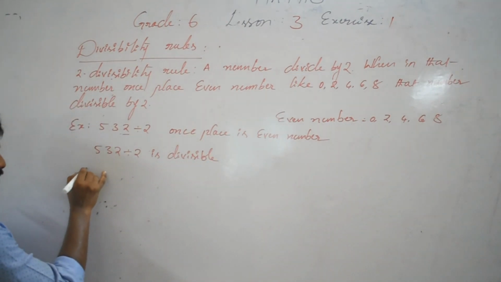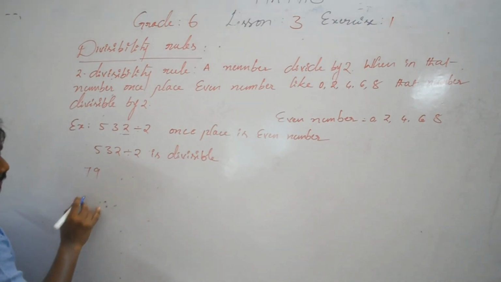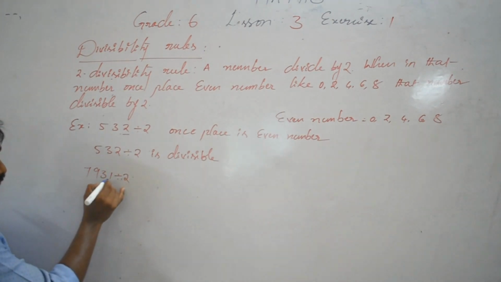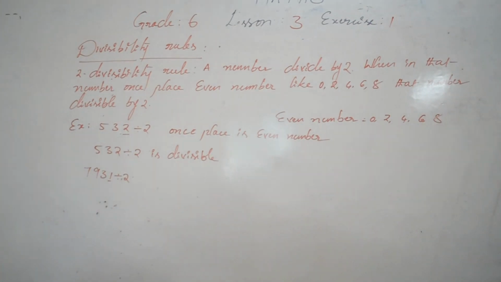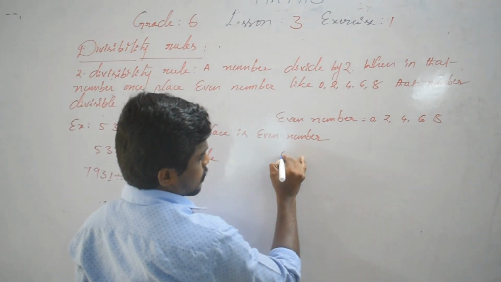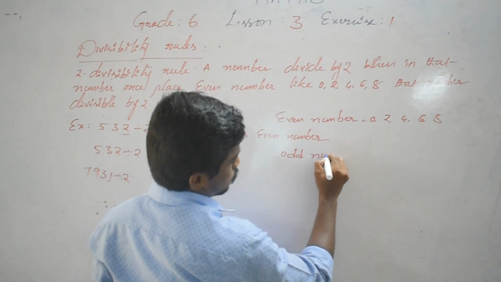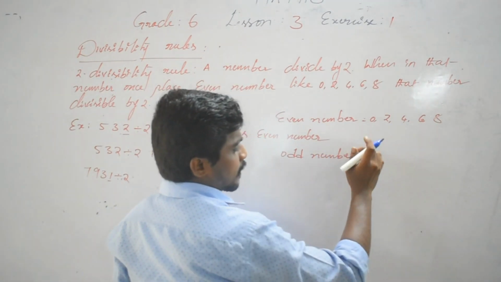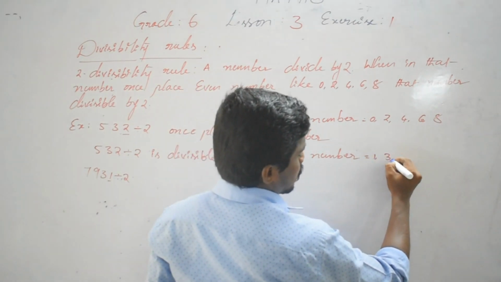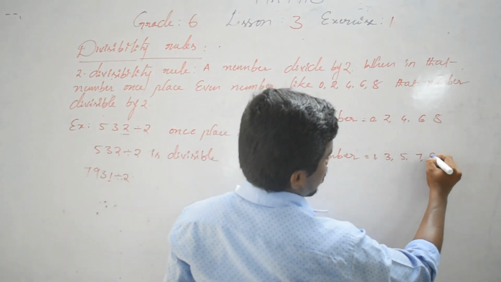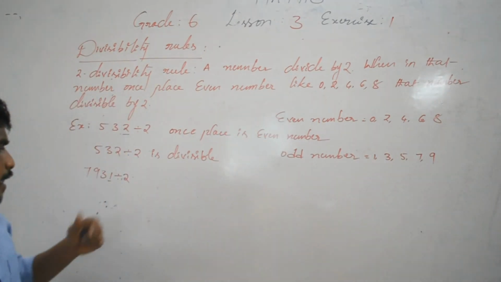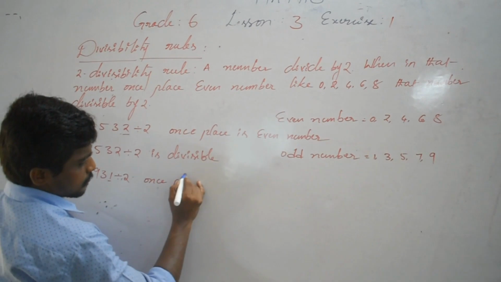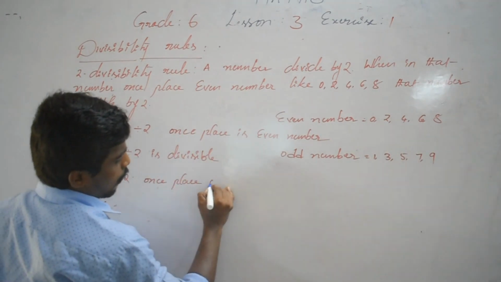Next one. 7931 divided by 2. Here ones place is an odd number.